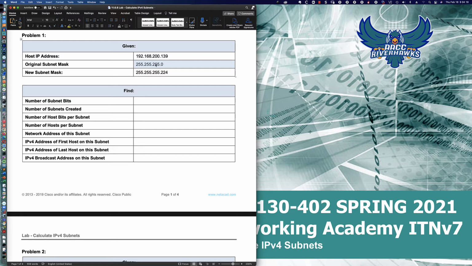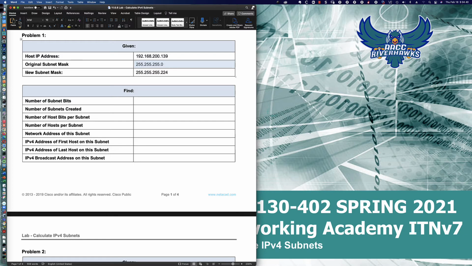If you remember back to the activities we did with the Class A, Class B, and Class C addresses, they have default subnet masks. And this, in dotted decimal notation, is the subnet mask that is the default for the Class C. So when they say original, that's what they mean.